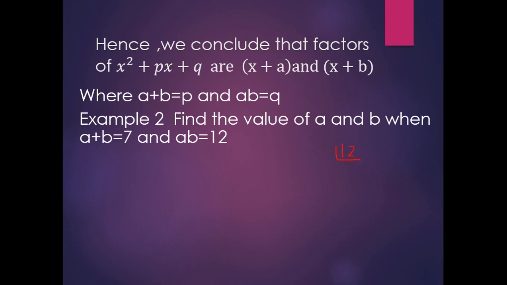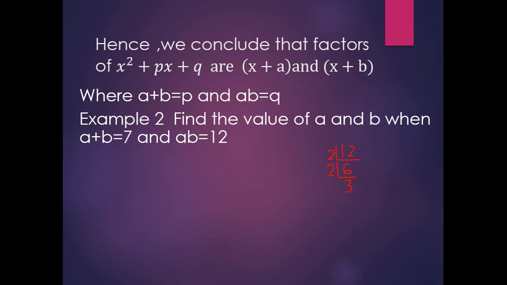Here 2 can divide 12, 2 6 12, again 2 can divide, yes, here again 2 can divide 6, 2 3 6, and from the factors of 12 we will take two factors whose sum will be 7.